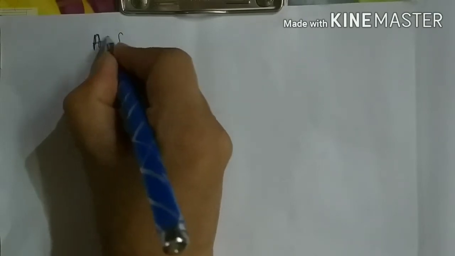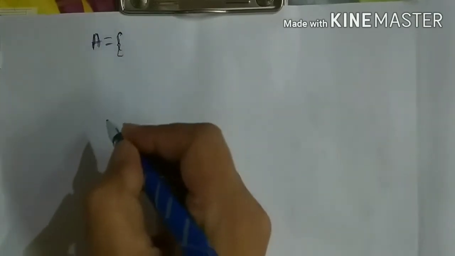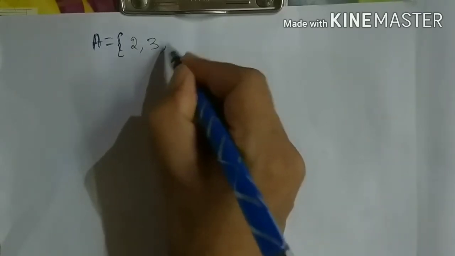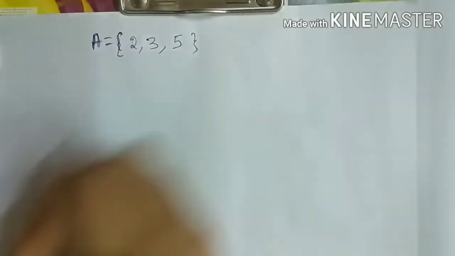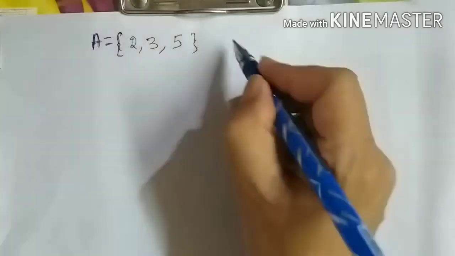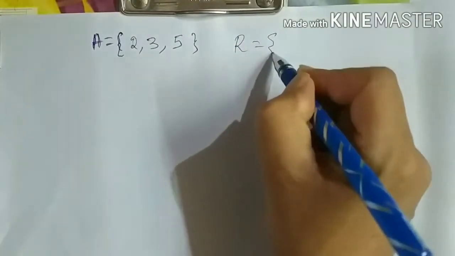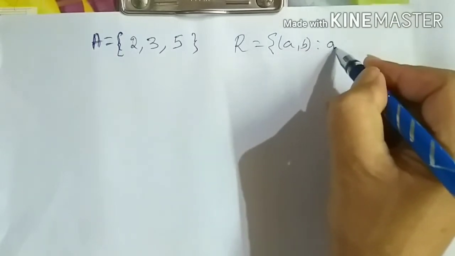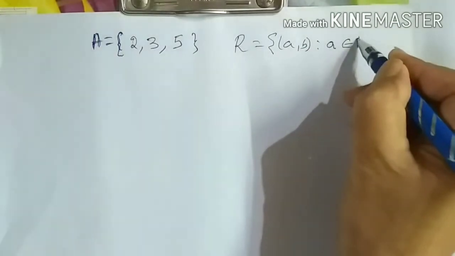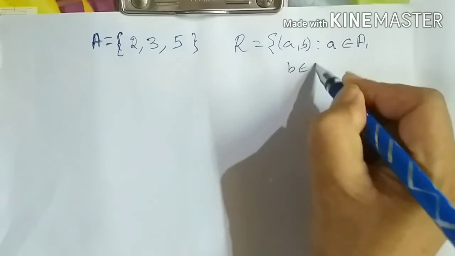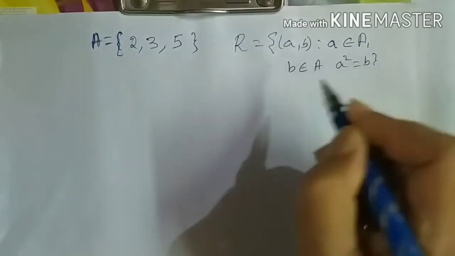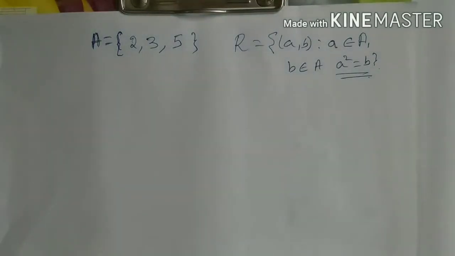Here A = {2, 3, 5}. And what is the relation? The relation is nothing but (a, b) such that a also should belong to A and b also should belong to A, a² = b.